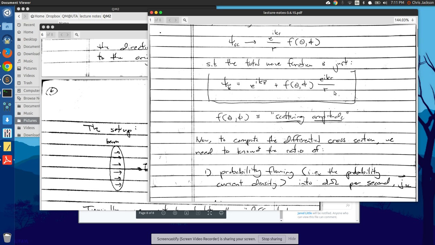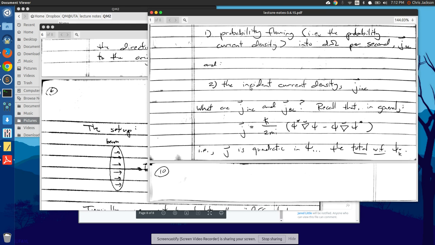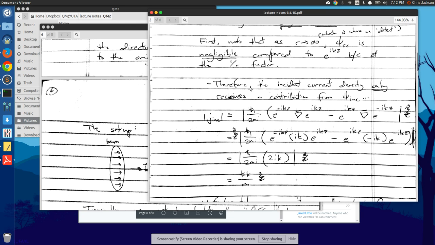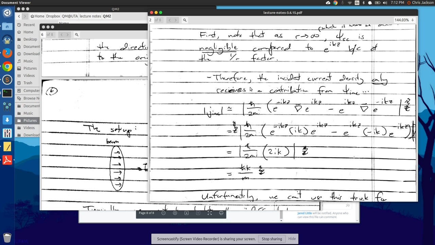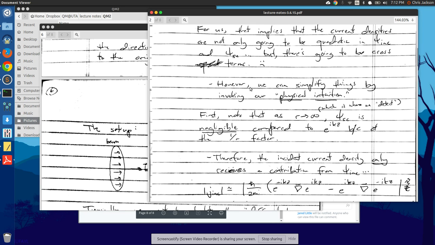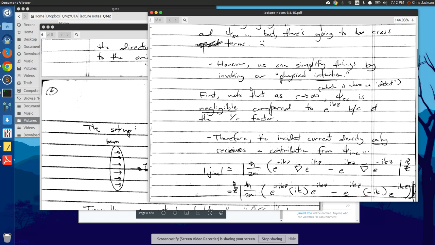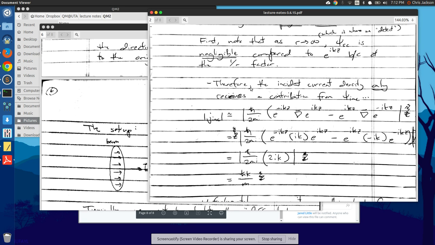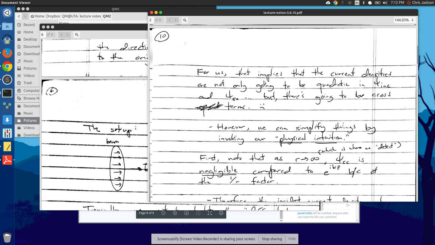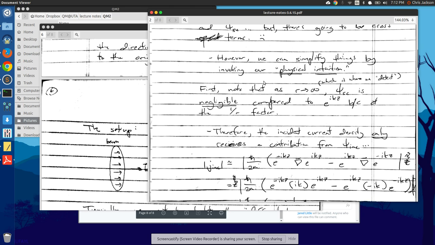As we go back towards the gun, or back towards our accelerator, the only piece that's really going to be there is our plane wave. And that makes sense, because we're very far away from the scatterer, back towards where the accelerator is. So our wave function basically just boils down to the plane wave.